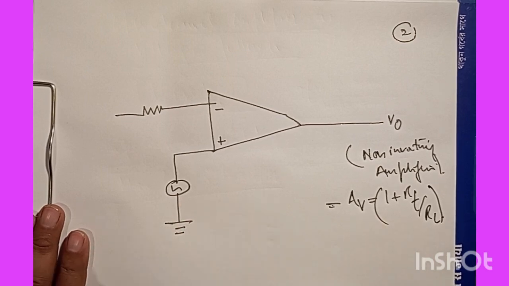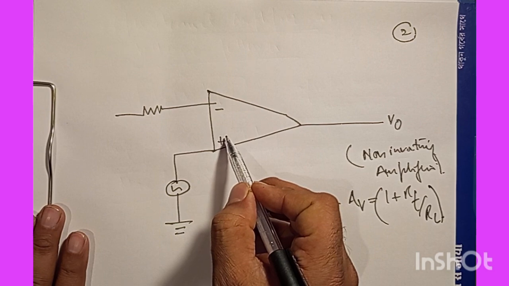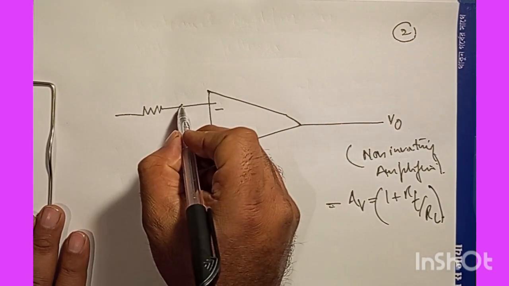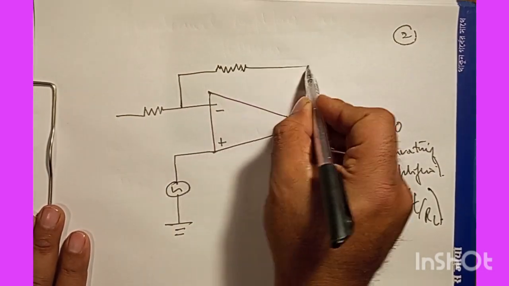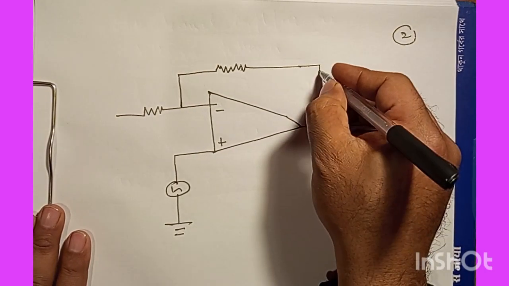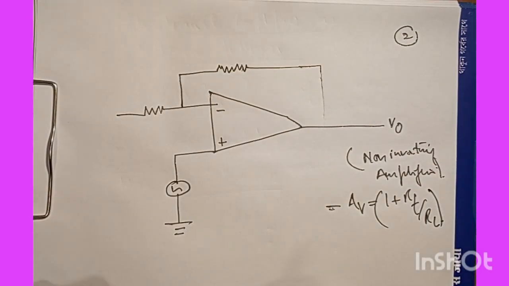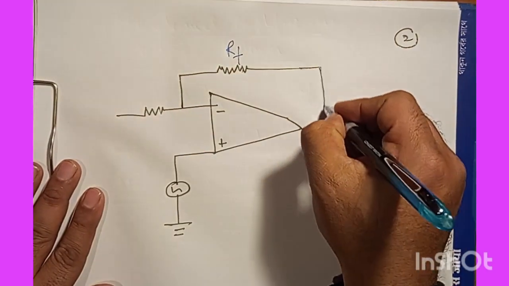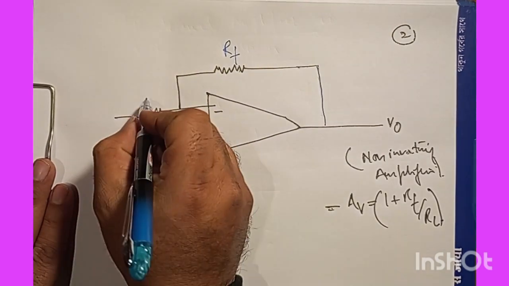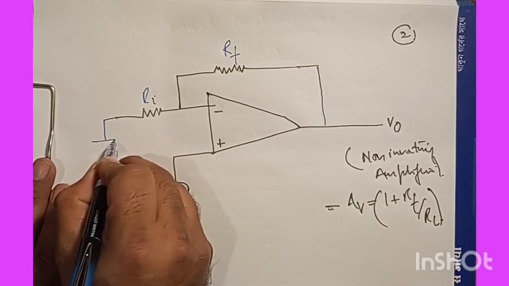This is what we discussed in the previous video, and here we have a signal that we are subjecting to the non-inverting end of this operational amplifier. Then we have the feedback resistance, and that is RF, and let us assume that this resistance is Ri, and this is grounded here.